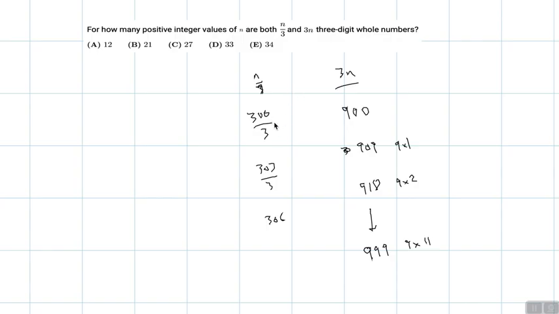Yeah, because then this is 100. Yeah, I'd say choice A, 12. I mean, unless I'm missing something here. 300, that's the lowest value. Yeah, I'd say 12.